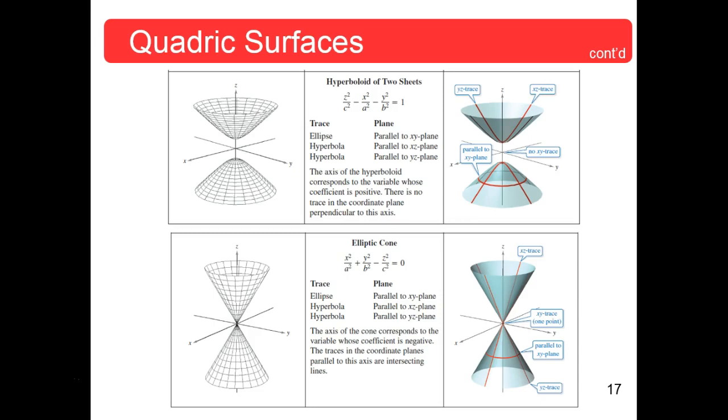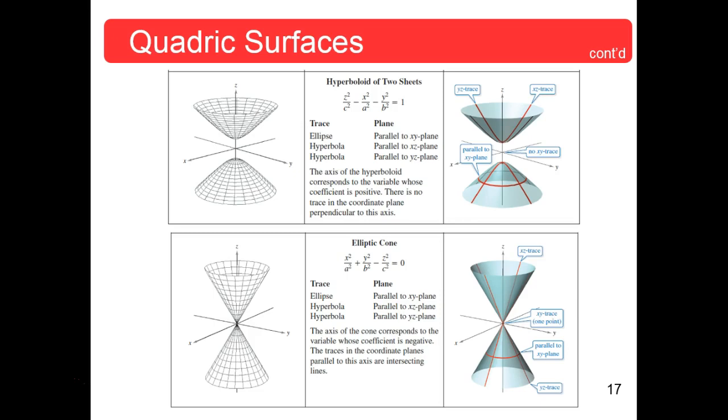Now, what are your traces here for your elliptic cone? Well, it's ellipses above and below, because when you wipe out the z, you have an ellipse, right? Wait, I'm sorry, you don't have an ellipse. Well, yeah, you do. Well, wait. When you have z equals 0, you have a point. That's all you've got, that single point, 0, 0, 0.